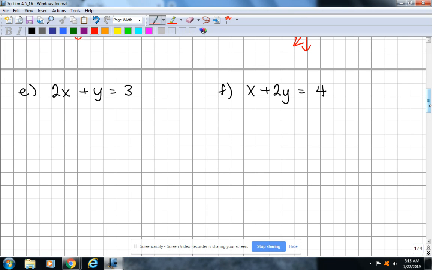So write down that first equation for problem E, 2x + y = 3. Now what do you think is going to have to happen first? Right, we got to make it look like y = mx + b, correct? Got to make it look like slope-intercept form.